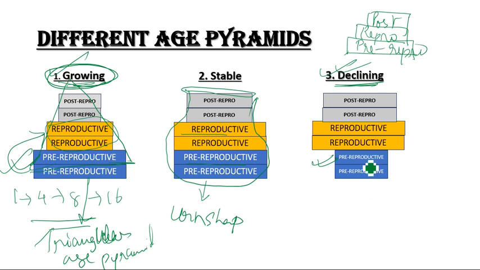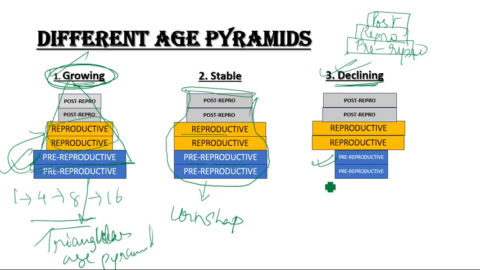If the pre-reproductive age group is larger, more individuals will reach the reproductive age in the future, so more individuals will be added. But if the pre-reproductive age group individuals are fewer, then in the upcoming future fewer individuals will be added to the population and hence the growth will be at stake. Such a type is known as declining.